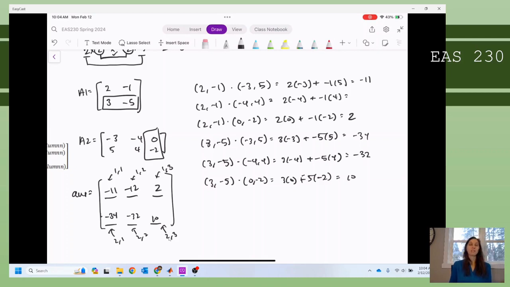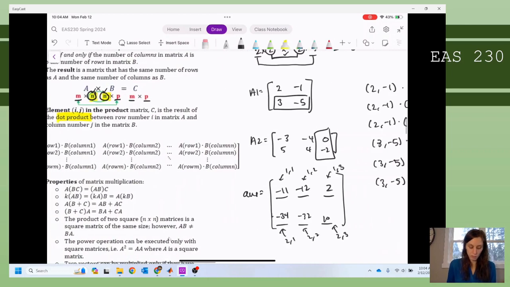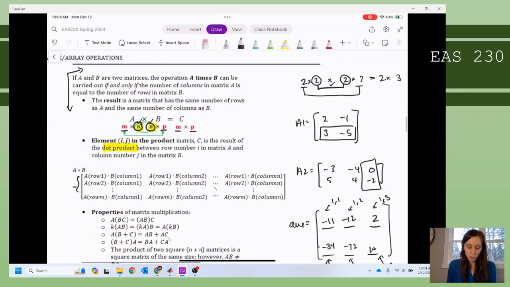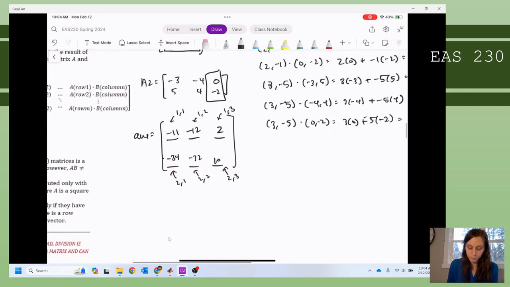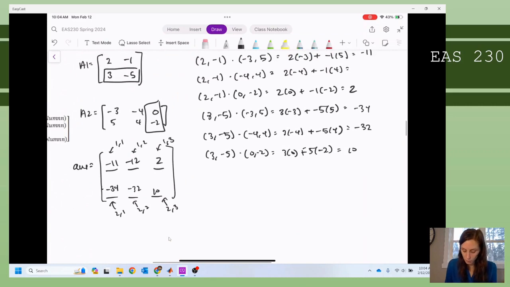And there we go. I have done 6 dot products in order to find the 6 elements in my resulting matrix. So before we do matrix multiplication, we first check to see if we can. And then we fill in our resulting matrix, which has the same number of rows as A and columns as B, and do all of our dot products. Keep in mind, our order matters.